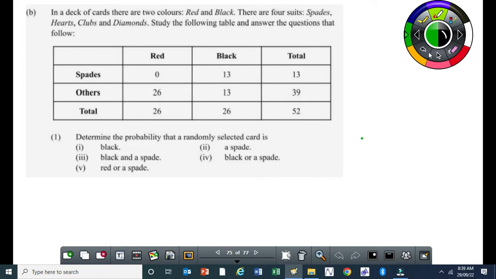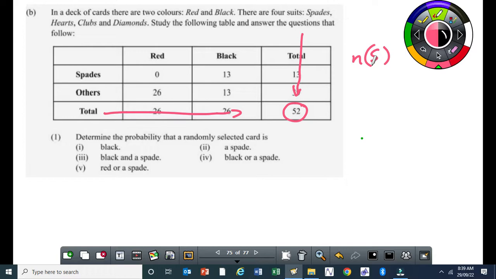When you have a contingency table, the first thing to know is that this number here, where the horizontal totals and the vertical totals intersect, will be your n(S). By now, I expect everybody to know what I mean by n(S).